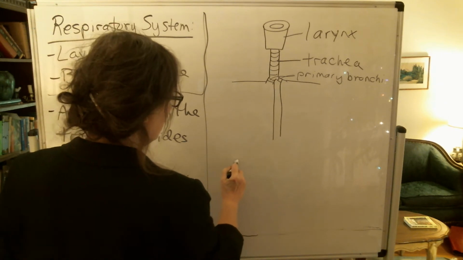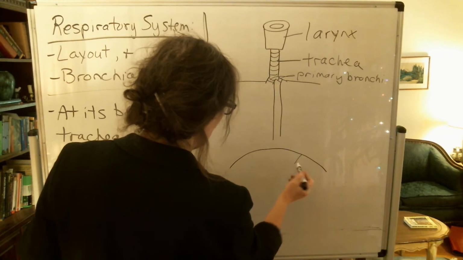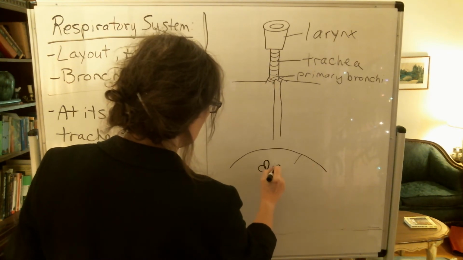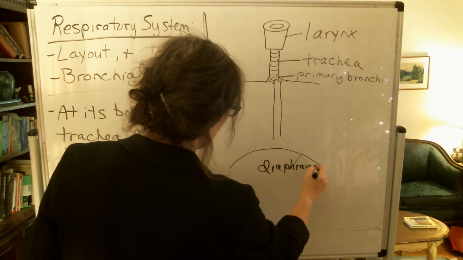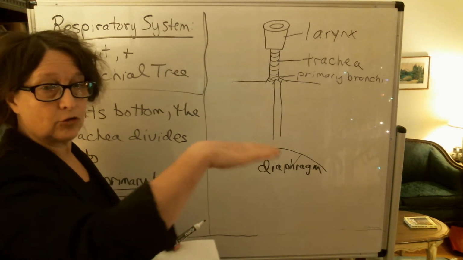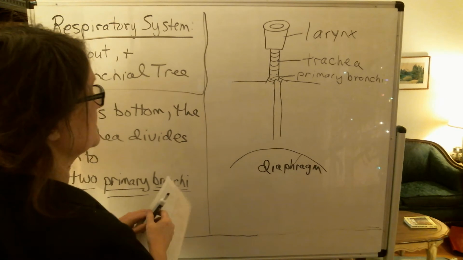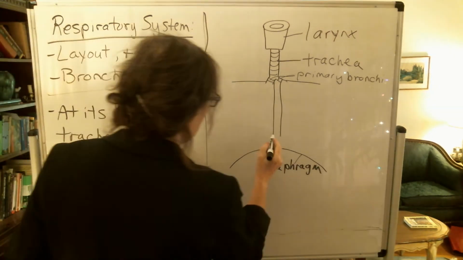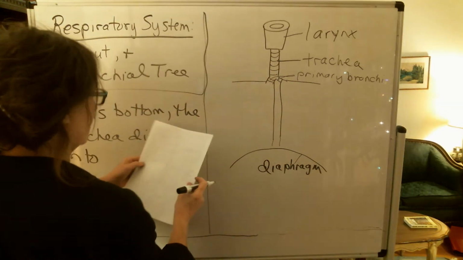But at the bottom of the chest cavity, we have this muscle known as the diaphragm. That's the muscle that when it contracts, it goes from being a dome to being flat. And that is what then creates the suction that allows you to draw air in.